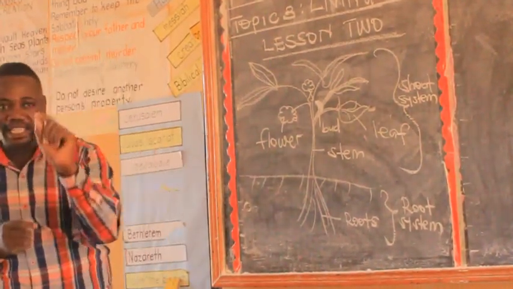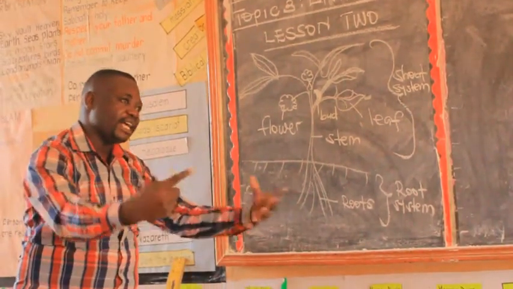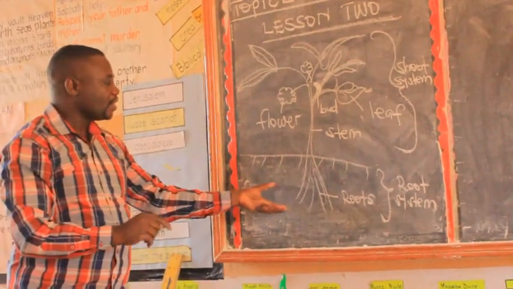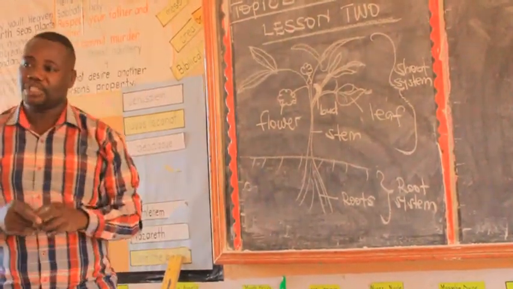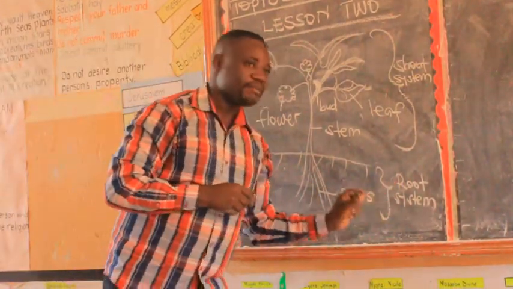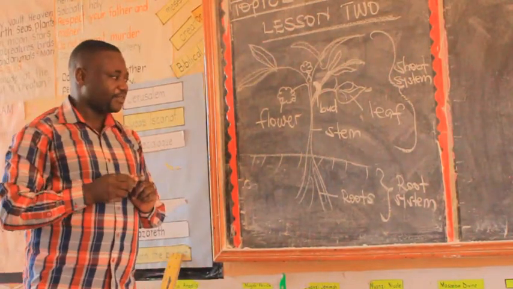And the system of a plant that you can't see when the plant is standing is found under the ground. You only see it when you have uprooted a plant, and we call it the root system.